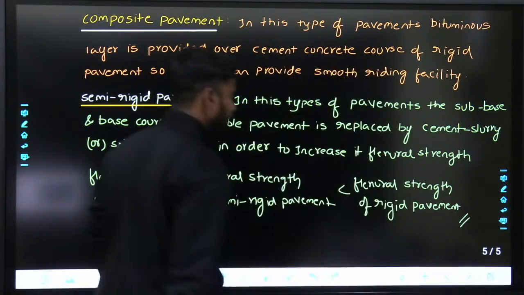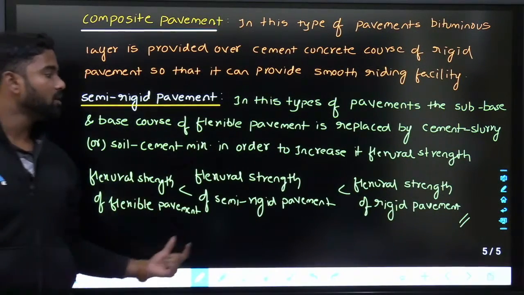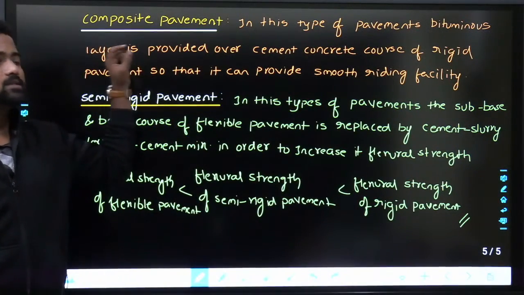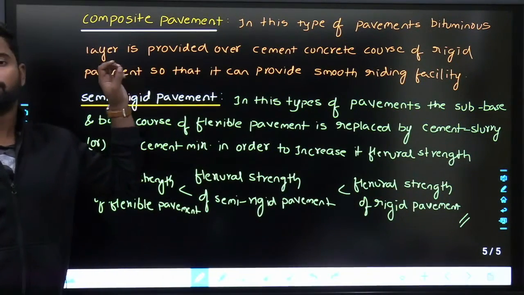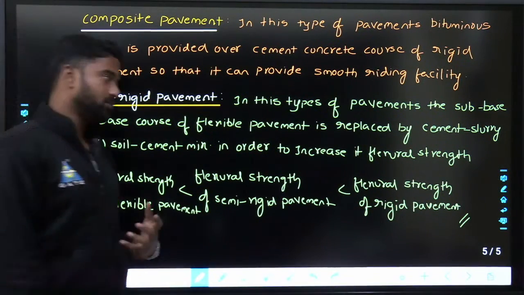That is the range. This is semi-rigid pavement and this is composite pavement. Okay, so these are the different types of pavements.